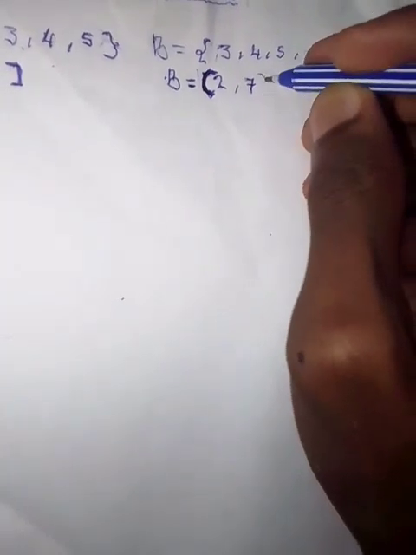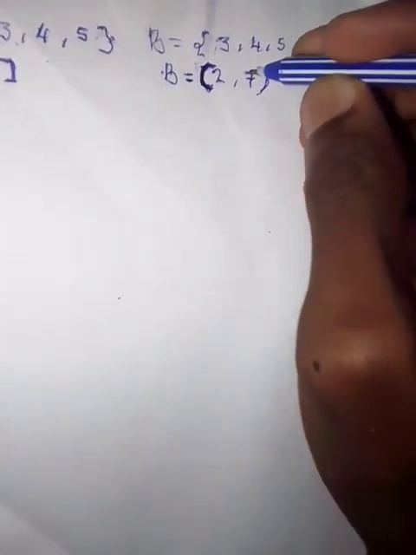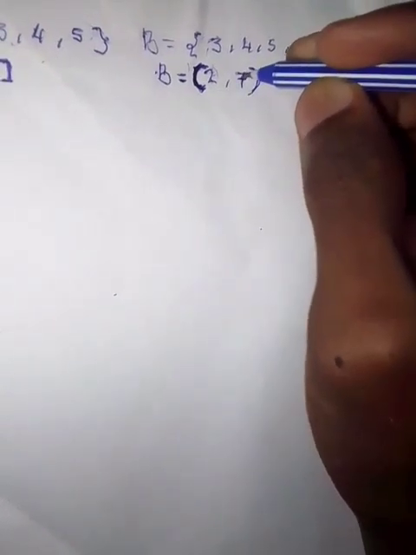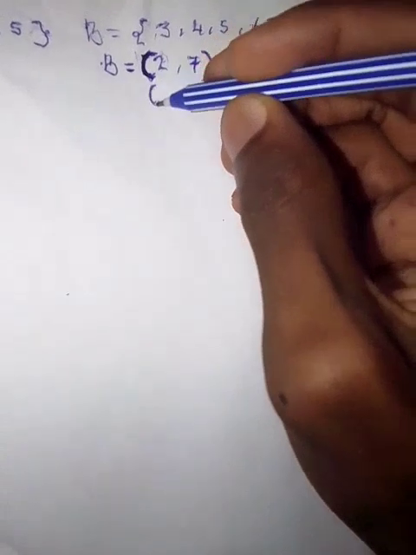The moment you write this, you're saying the first number is not where we're starting from. We're starting from what comes after this number, which is 3, ending at what comes before this number, which is 6. As simple as that. So the moment you see this used anywhere, hope you understand.